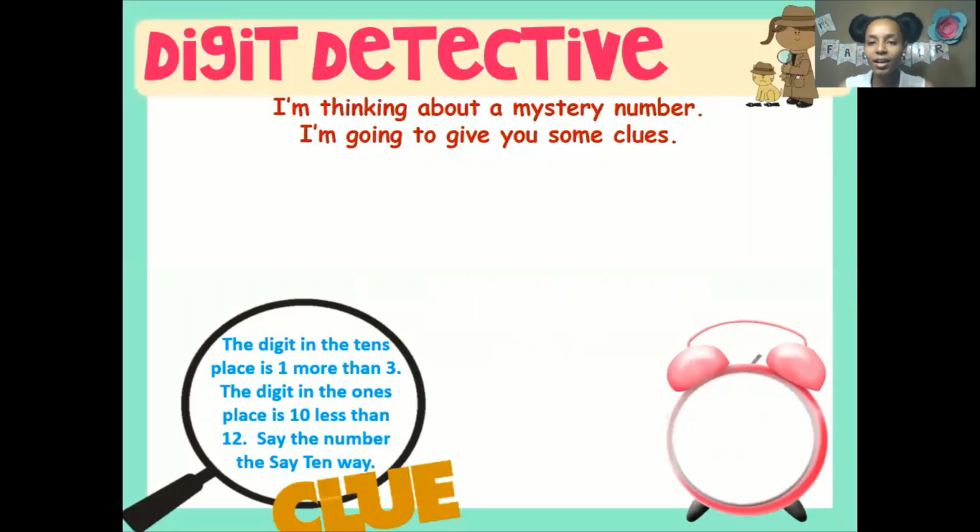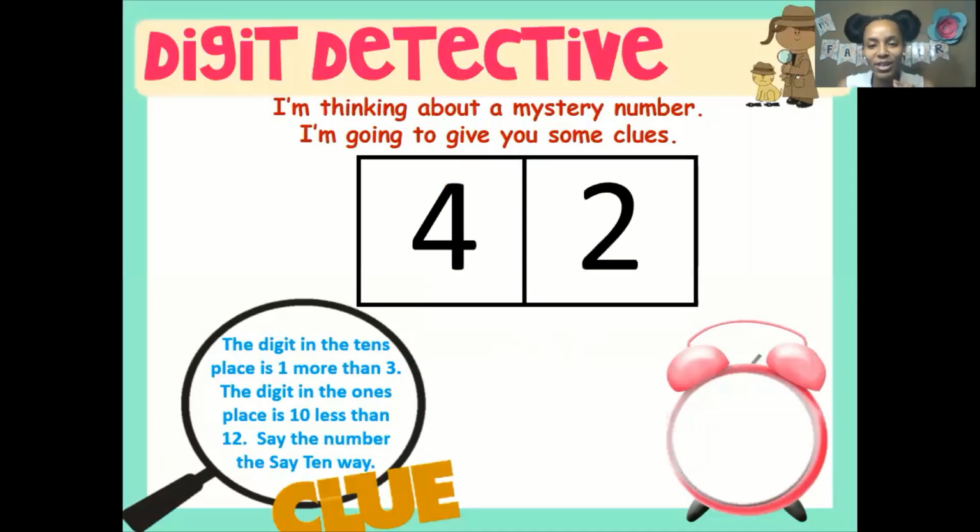Time is up. All right. So, what number did you get? If you got 42, then you are absolutely right. It says the digit in the tens place right here is 1 more than 3. Well, I know that 1 more than 3 is 3 plus 1, which is 4.